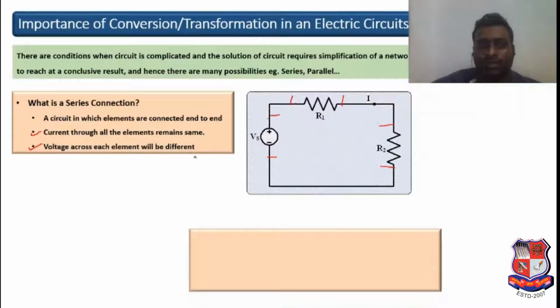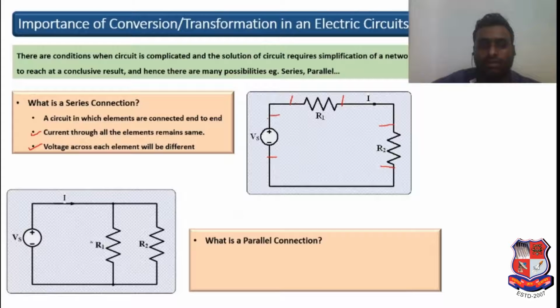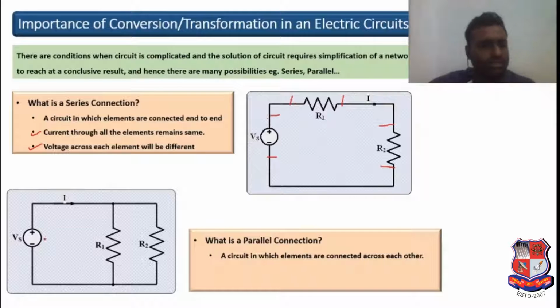The same we will see for the parallel connection. What is a parallel connection? It is a connection where elements are connected across each other. Here you can see that the current will be divided. This current I flowing will get divided into a current I1 flowing in the resistance R1 branch, and a current I2 flowing in the other branch.